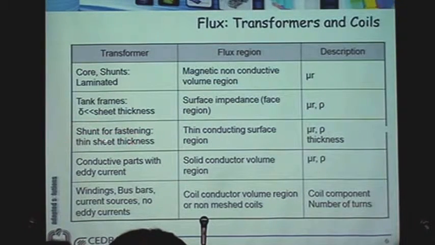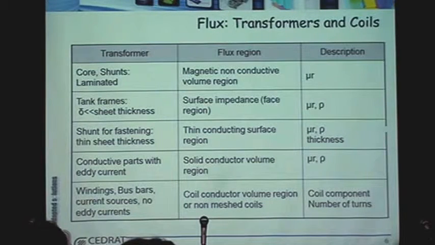Then we have the clamps, actually thin sheet thickness, so SEM IP. Those ones are very thin in this case, so the skin depth is larger than the thickness of the plate here, and so in this case we have another type of formulation.